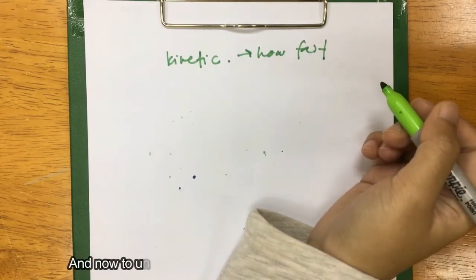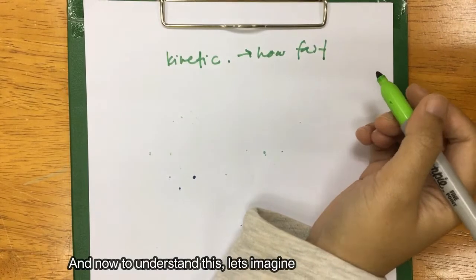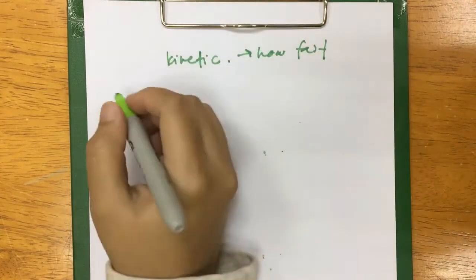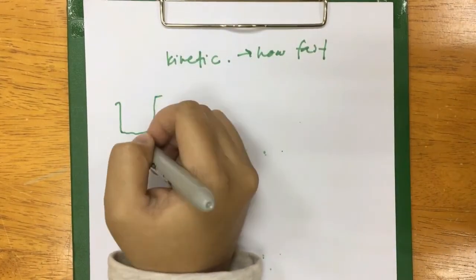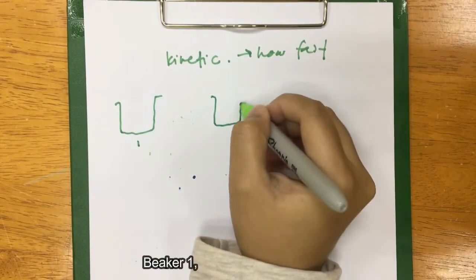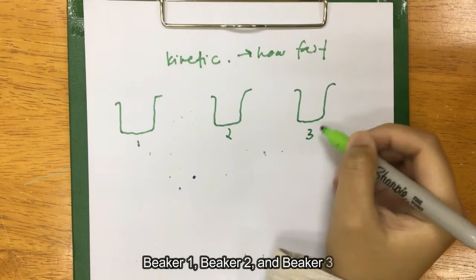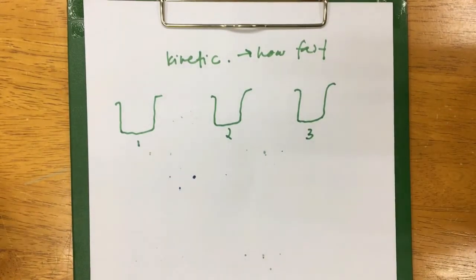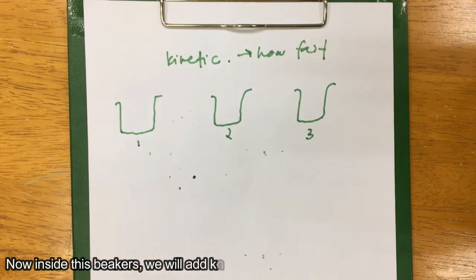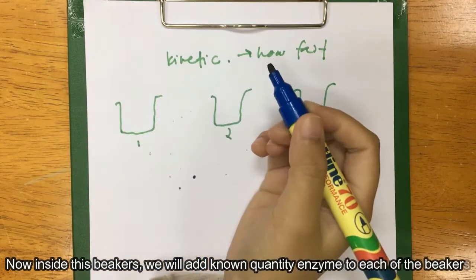And now to understand this, let's imagine we have 3 beakers. Beaker 1, beaker 2, and beaker 3. Now inside these beakers, we will add a known quantity of enzyme to each of the beakers.